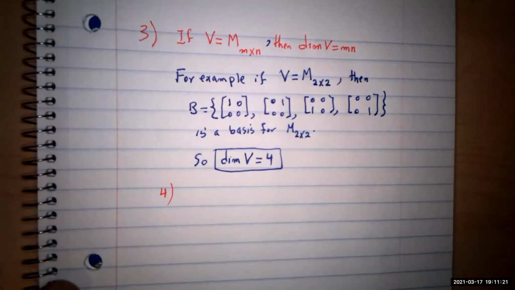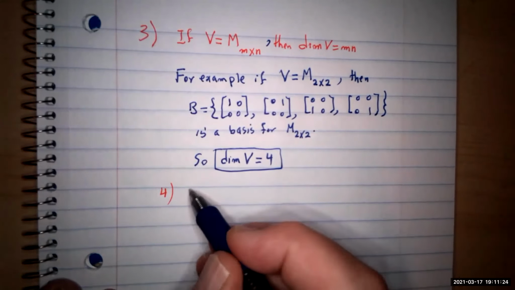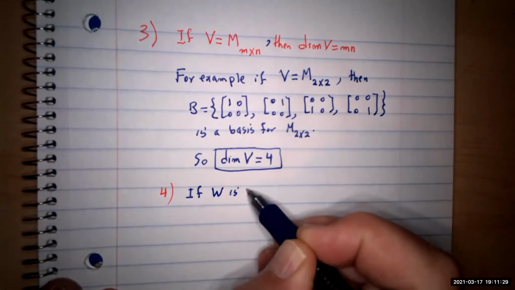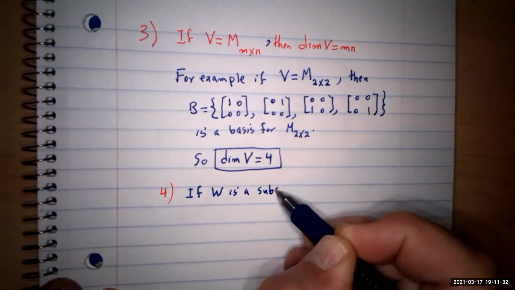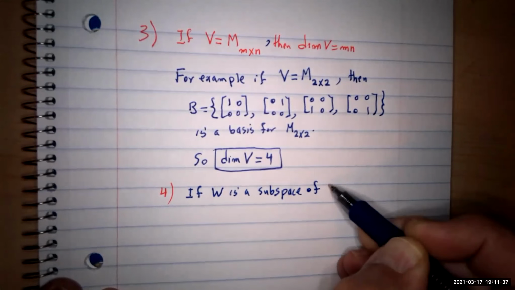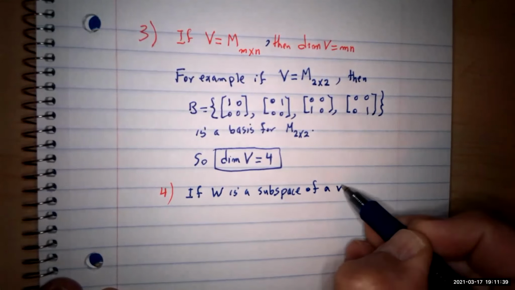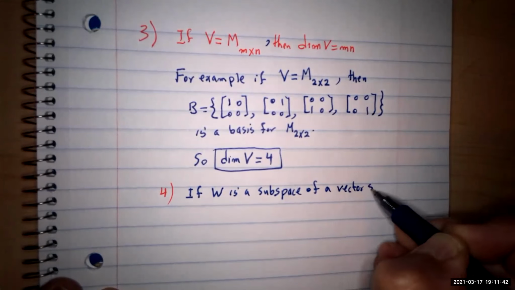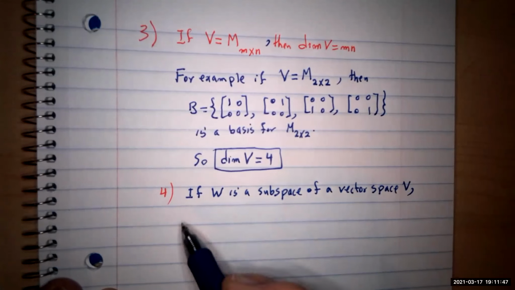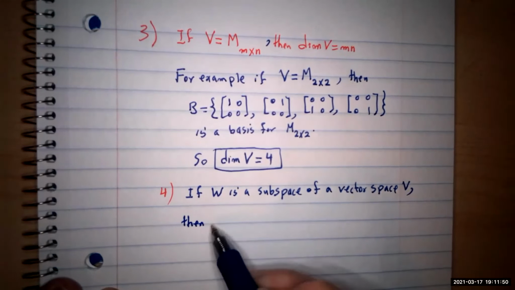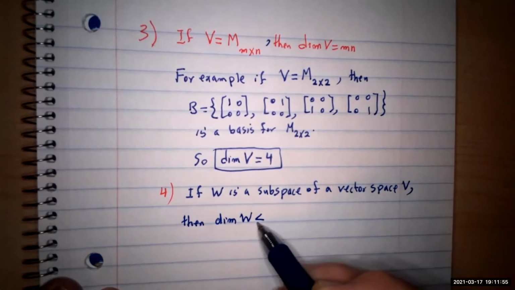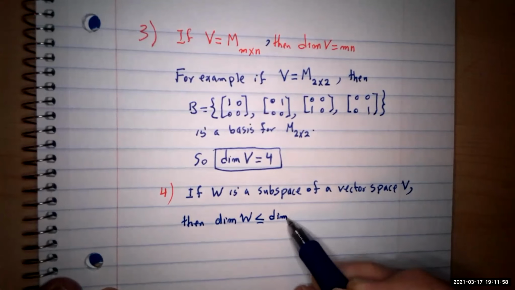If you consider a subspace, in general, if W is going to be a subspace of a vector space V, then it can be easily shown that the dimension of the smaller one is always less than or equal to the dimension of the bigger one.